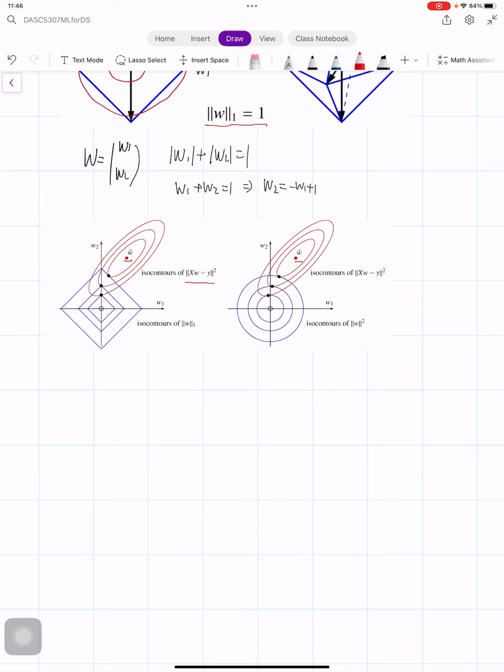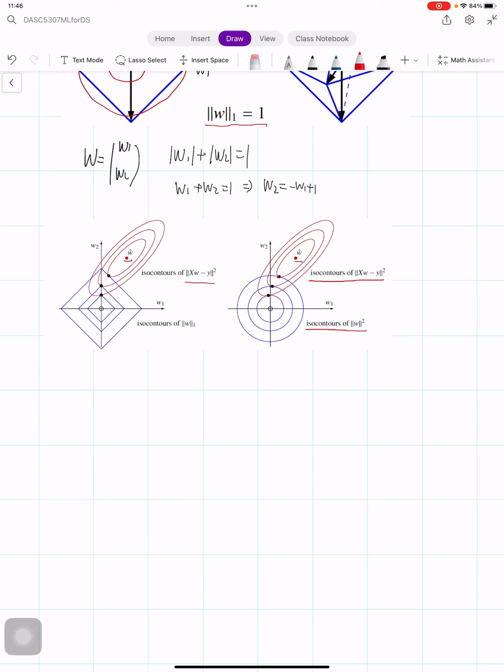Recall that in ridge regression, not only do you minimize the contour plots of linear regression, you also have the constraint from the iso-contour plots of the L2 norm on W. So you need to minimize the first one, but with restrictions, you need to stay on the blue circles. But for lasso regression, we need to minimize the linear regression contour, but also have the solution on these diamond lines.